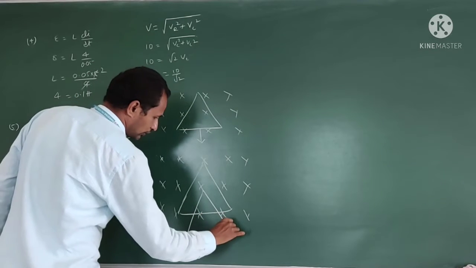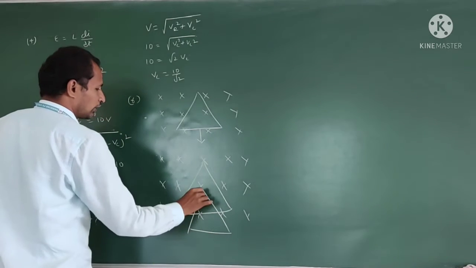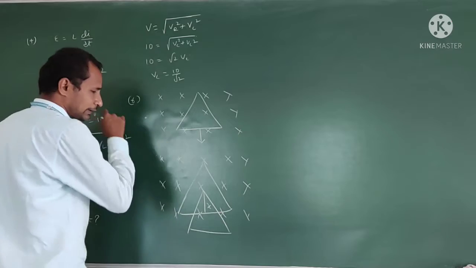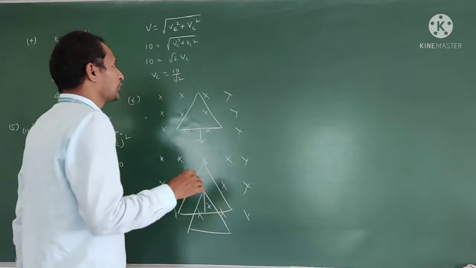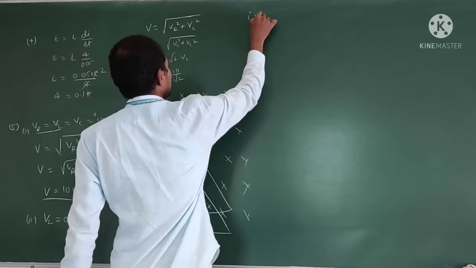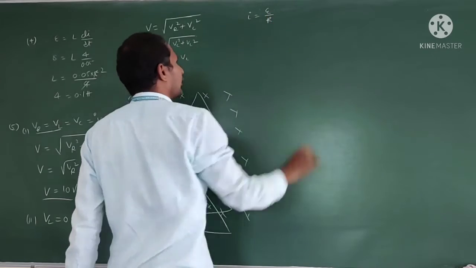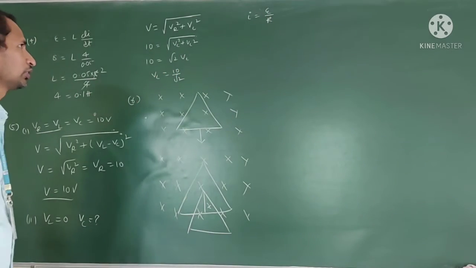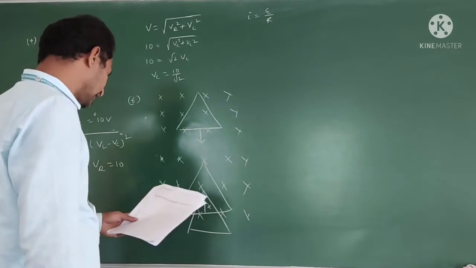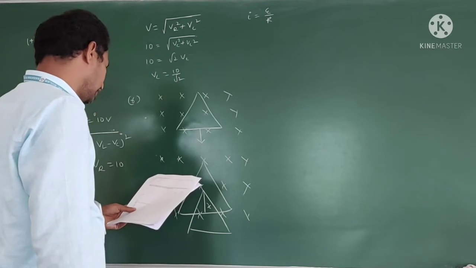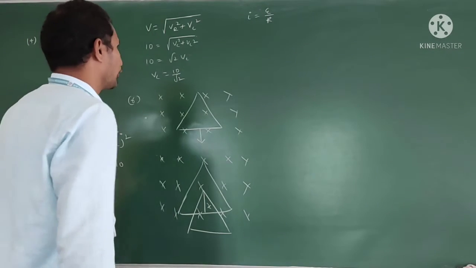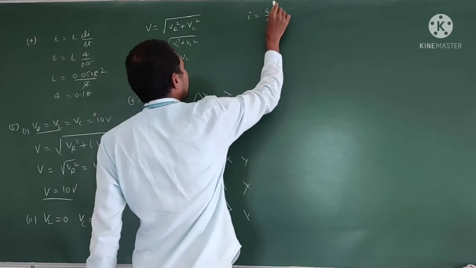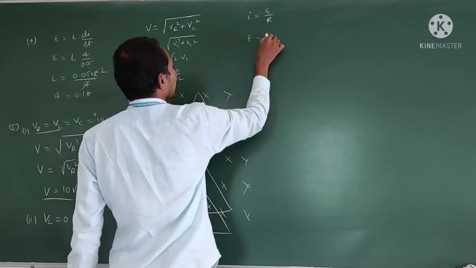Second case is this one, it is moving out. Let us say this distance you take as x. So first, I is equal to E by R. Yes or no? They are asking the current versus time graph. We need to find E.